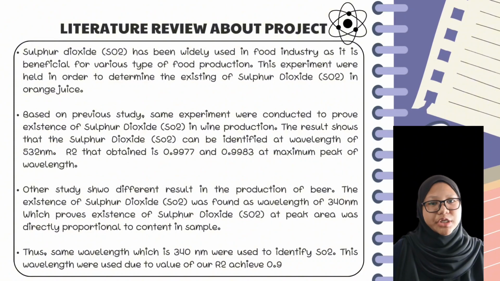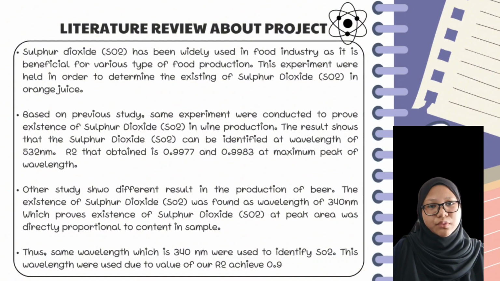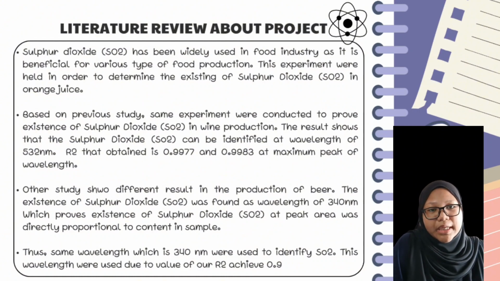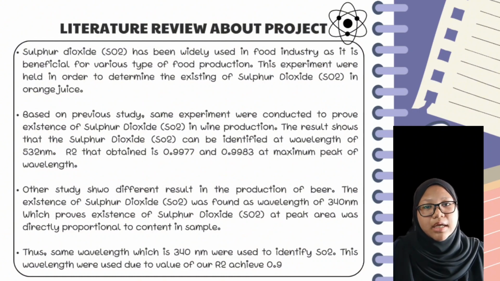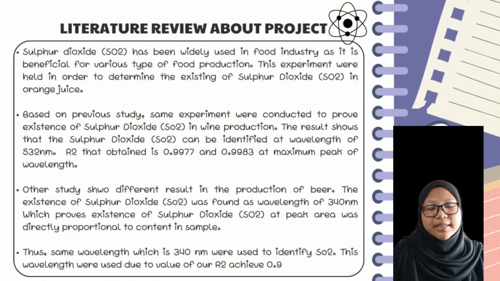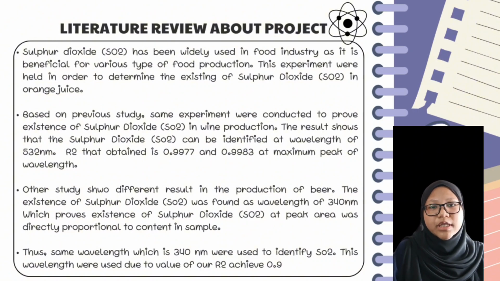Next, for the literature review about this project, we know that sulfur dioxide, SO2, has been widely used in food production. It is very beneficial for various types of food. In this experiment, we want to determine the existence of sulfur dioxide, SO2, in the production of an orange juice sample.